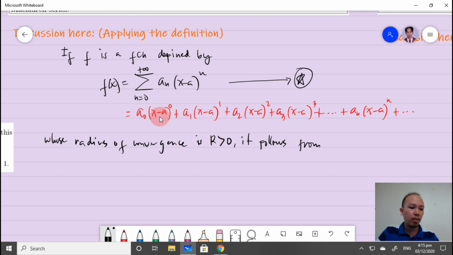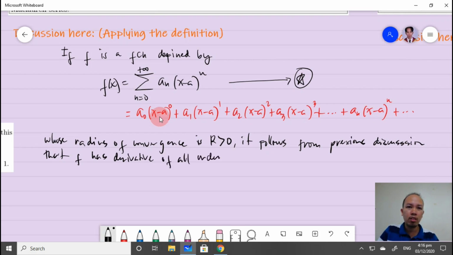It follows from previous discussion that f has derivatives of all orders on this interval, and I know that you are familiar with this interval.